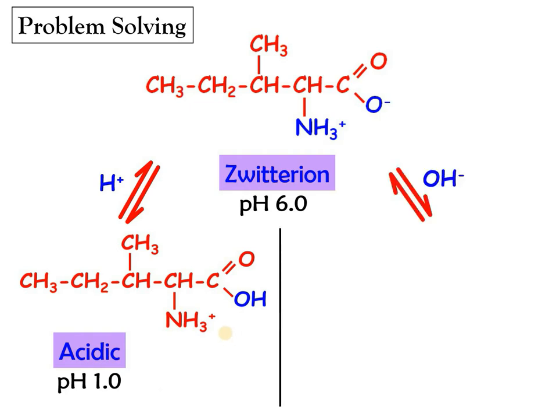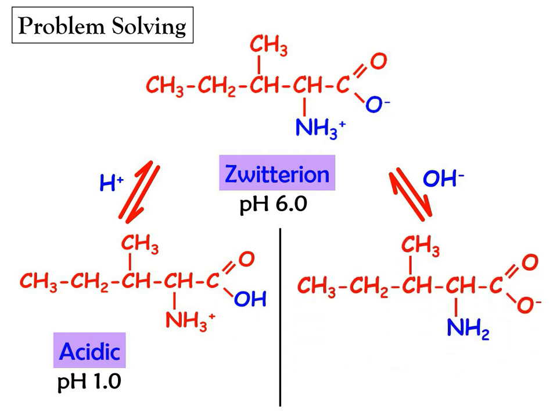In the basic solution, here we have the OH minus ion. This OH minus ion will attract one of the hydrogens from the NH3 group, and it will become the NH2 group, and it will give you only the negative charge, or the form of an anion. So this is the basic structure for isoleucine at pH 10.0.